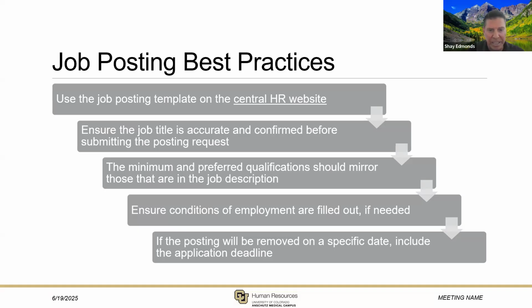Obviously, title accuracy is huge, because title really equals the promise of a future for a potential candidate. We want them to react positively. Align the qualifications. I mentioned the minimum quals: make sure they are the minimum. We don't want to drop below the minimum, but we don't want to start adding to it either.